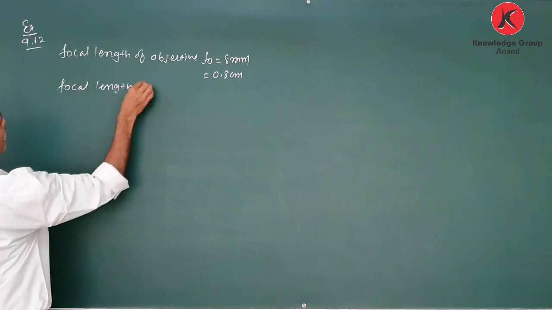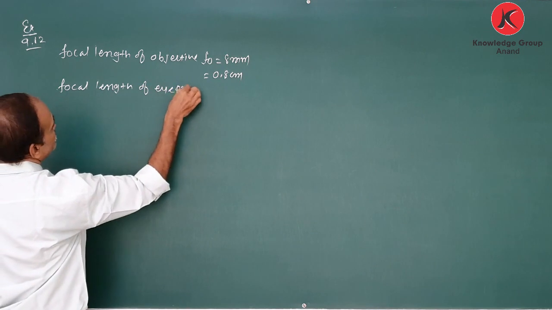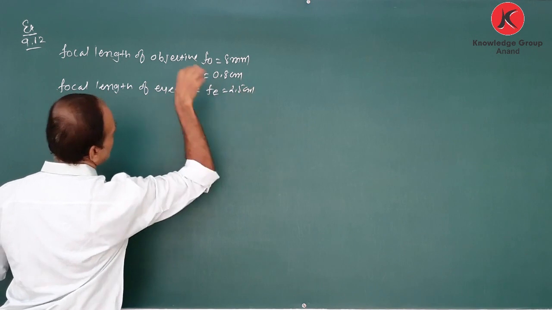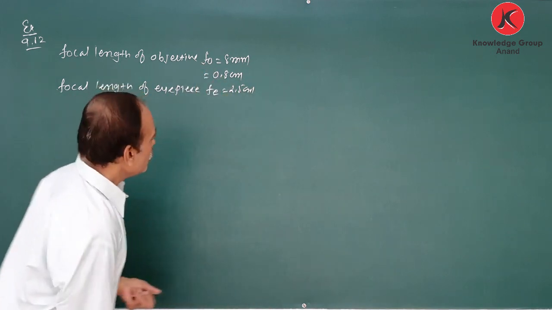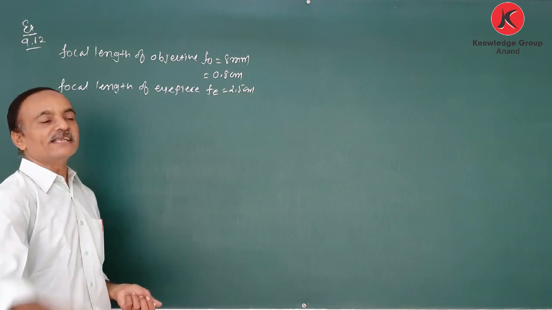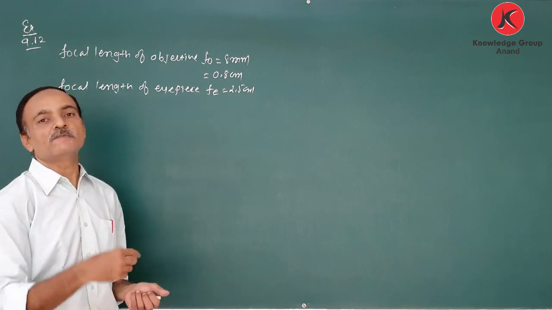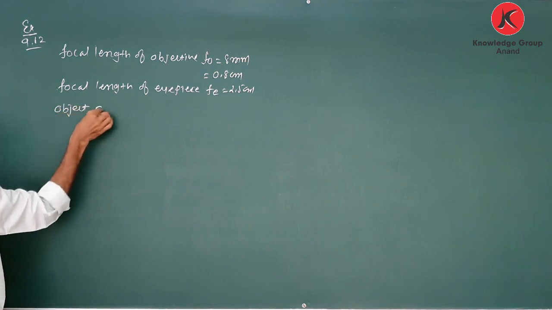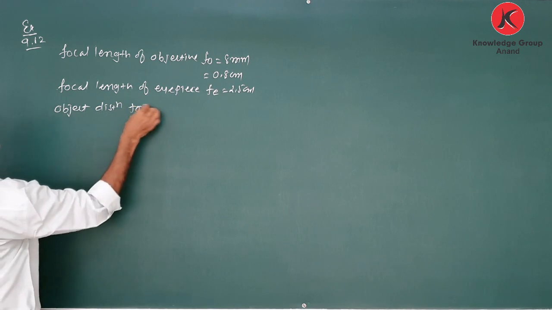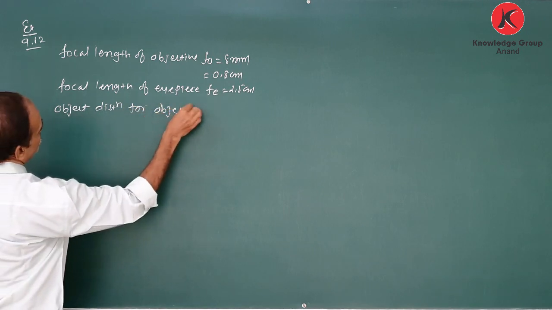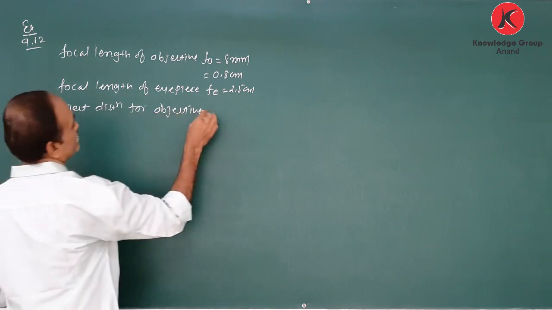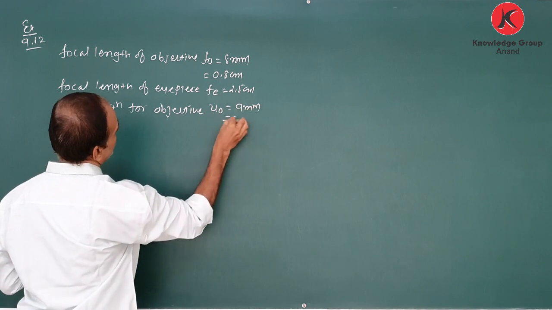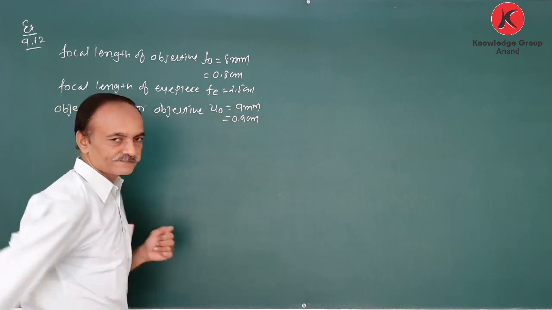Focal length of eyepiece FE is equal to 2.5 centimeter. Now the object is placed at 9 millimeter from the objective. That means the object distance for objective, that is U, is equal to 9 mm, which is 0.9 centimeter.